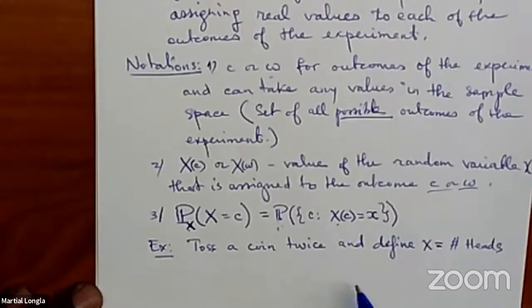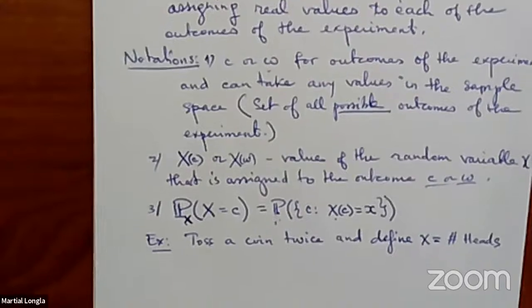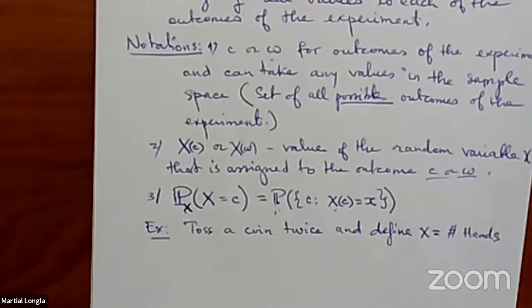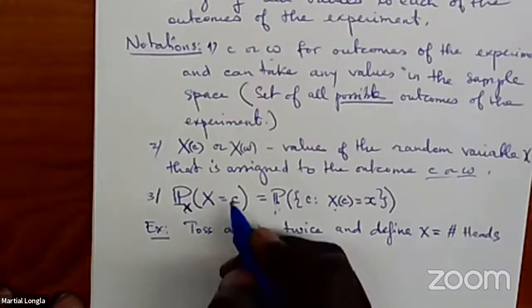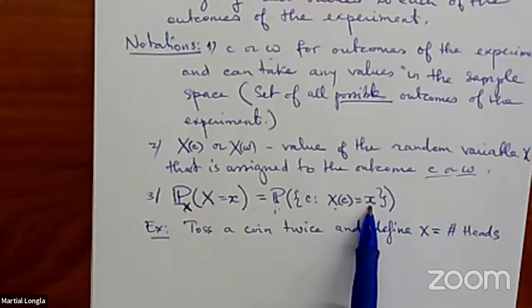So toss the coin twice and define x equals the number of heads, for example. In point P, was not this C fixed on the left hand side? I guess this C was fixed on the left hand side. In point. No, that's not C. Sorry, that's x. A probability that x equals little m. Otherwise, we don't know what x is here, right?